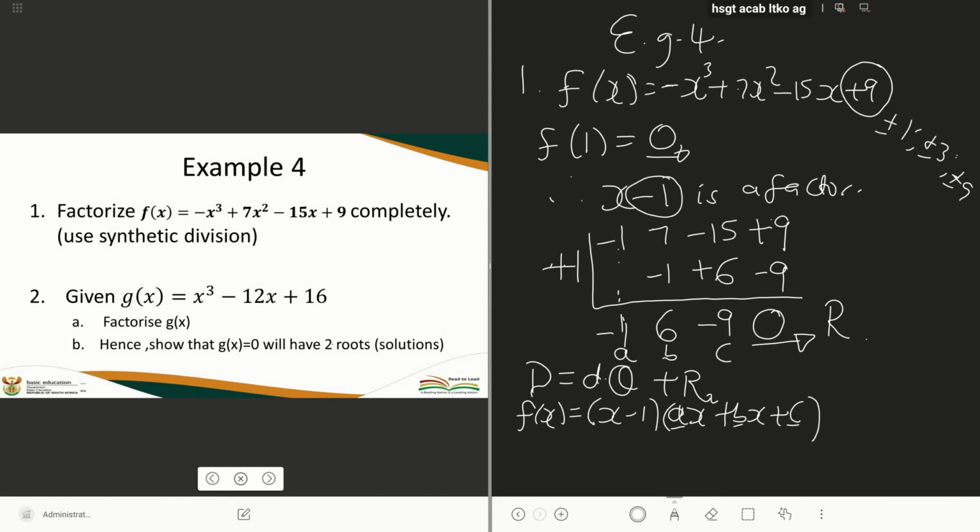Then you just substitute into this quadratic expression. Remember, this negative 1 is the coefficient of x squared, so we get negative x squared plus 6x minus 9.